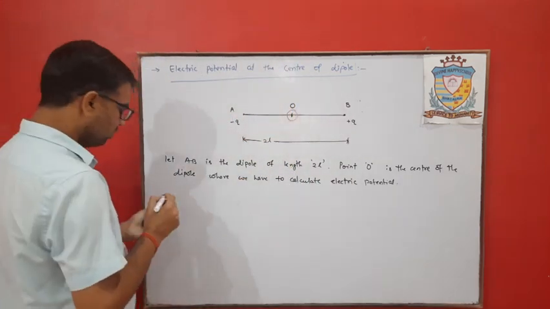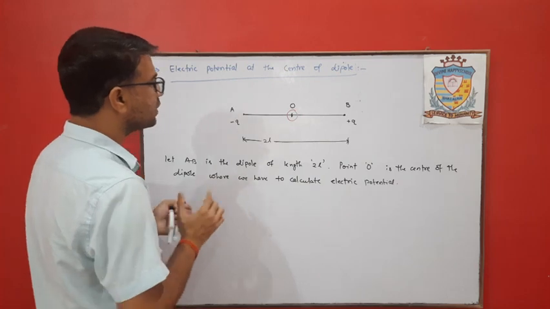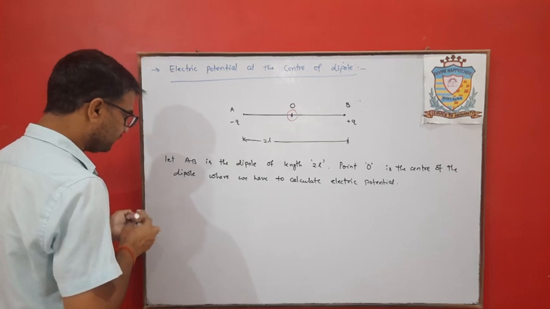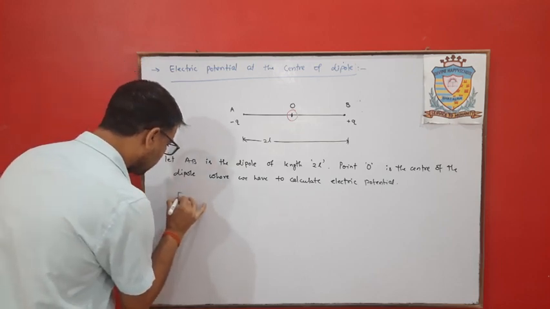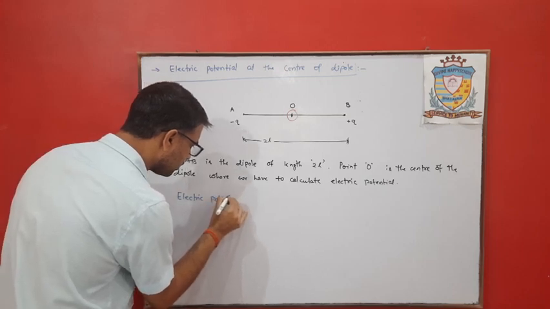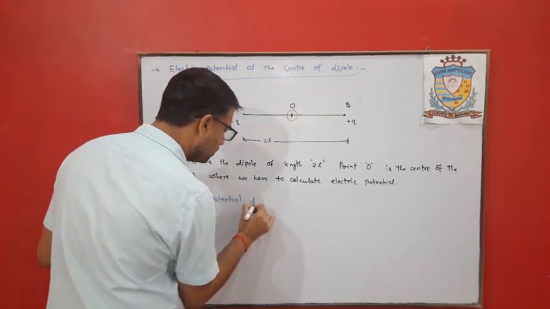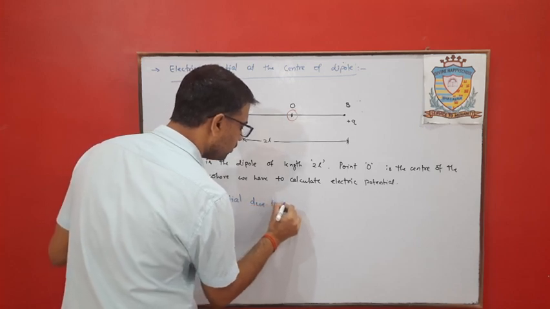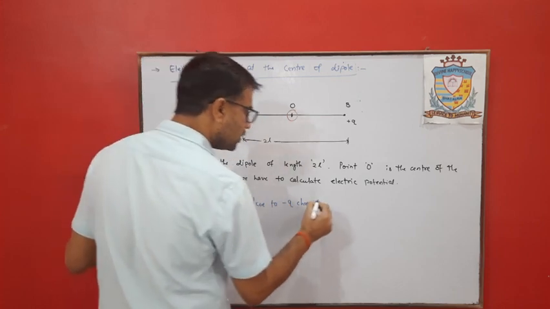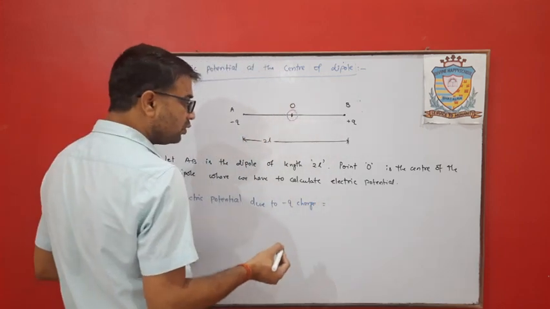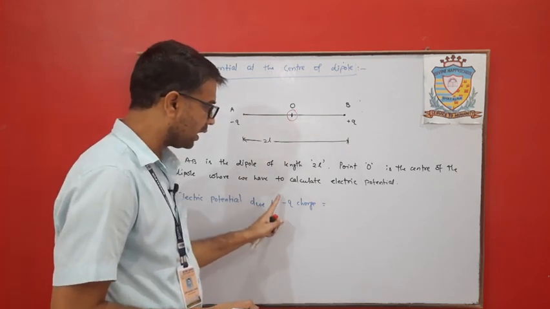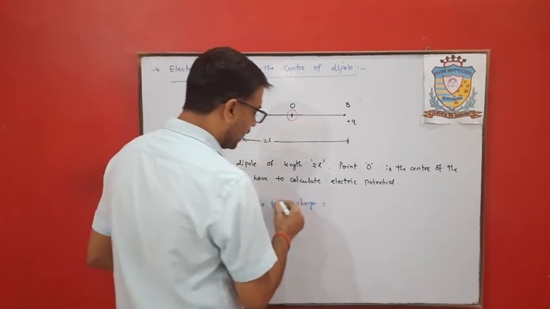Clear? So first, we'll consider the electrostatic potential due to the negative charge. So first, the electric potential due to minus q charge is equal to, as we know that in case of potential we will not take the modulus, we will consider the negative sign.